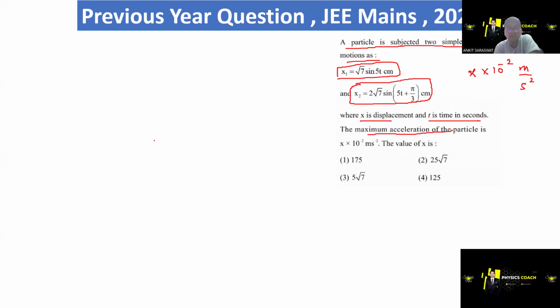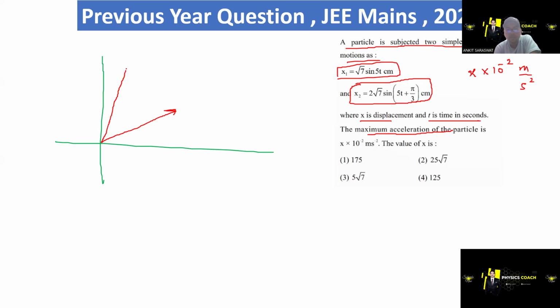It's a very easy question. First of all, draw the phasor diagram of these two harmonic motions. Simple, like a vector. How will you draw it? It will be like this. First of all draw the x or y axis like this. This is root 7 sin 5t.